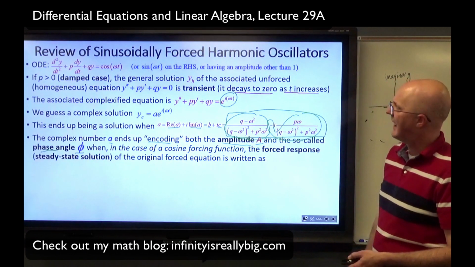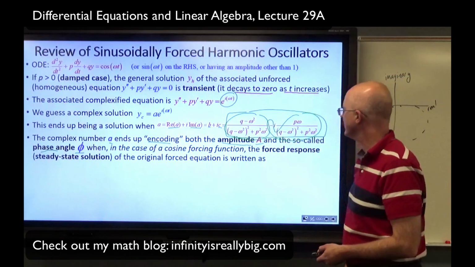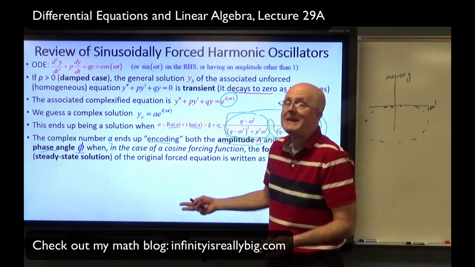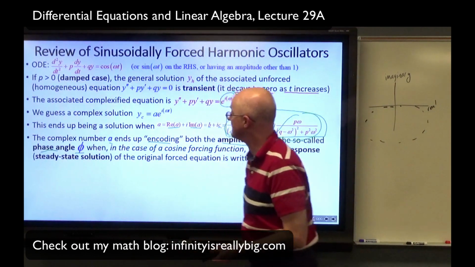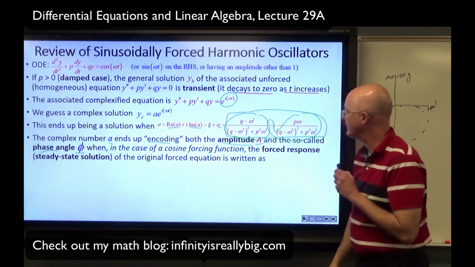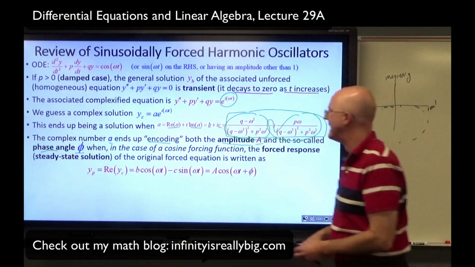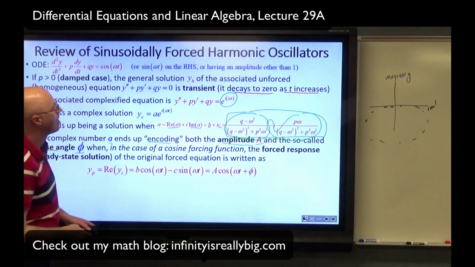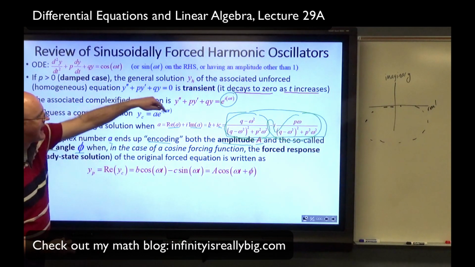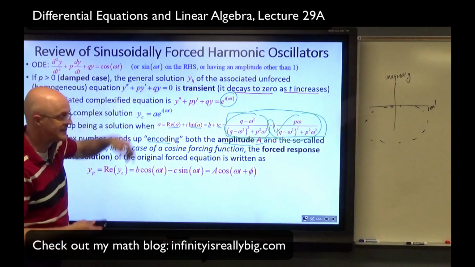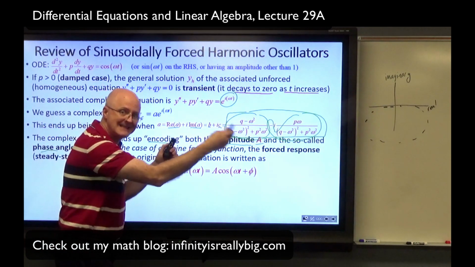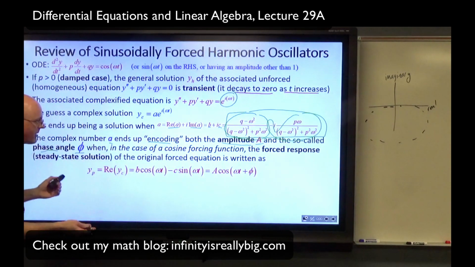In the case of a cosine forcing function like we have, the forced response, the steady state solution, the yp, the particular solution of the original equation, can be written in this way. Yp, as I said, would be the real part of yc. You could replace a with what you see there and multiply times e to the I omega t, which by Euler's identity is cos omega t plus I sine omega t. The real part ends up equaling this.